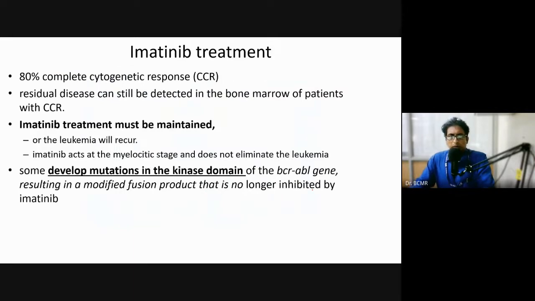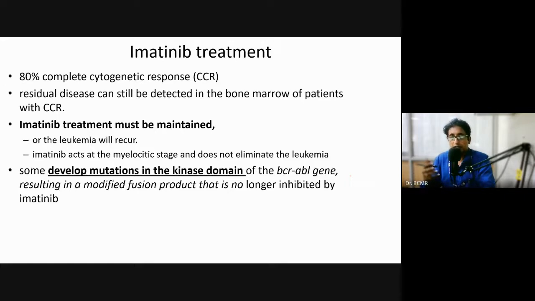But the problem in treating leukemia, for example, is there are always mutations that are possible. Every cancer is like a hot pot for mutations because they're growing rapidly. There are a number of cell divisions, and there is inherently genomic instability, because of which there are more and more mutations happening.